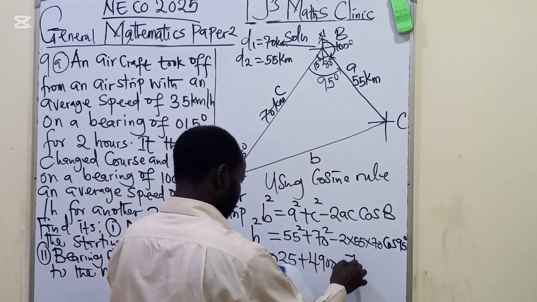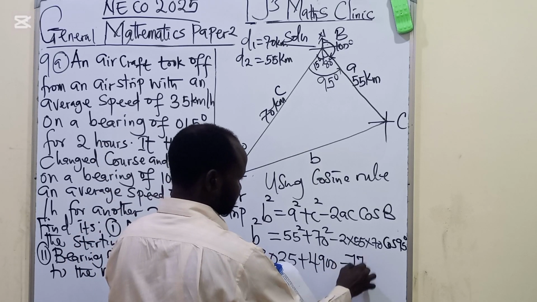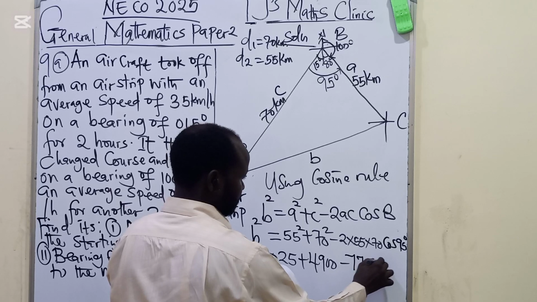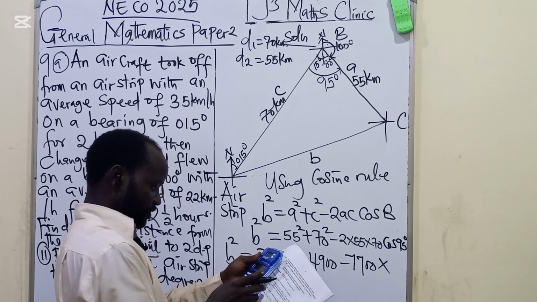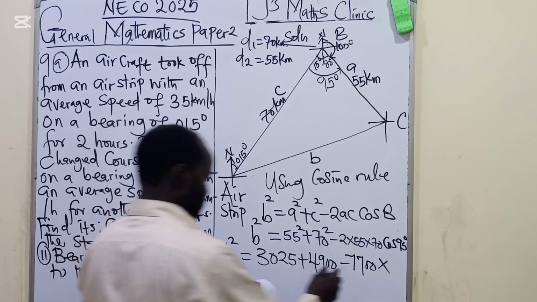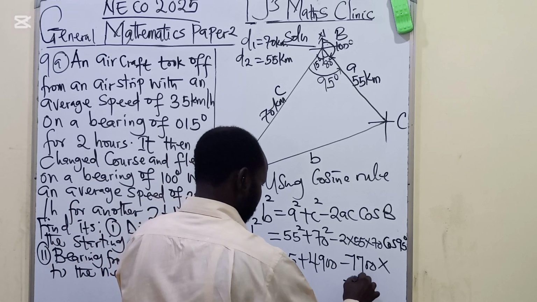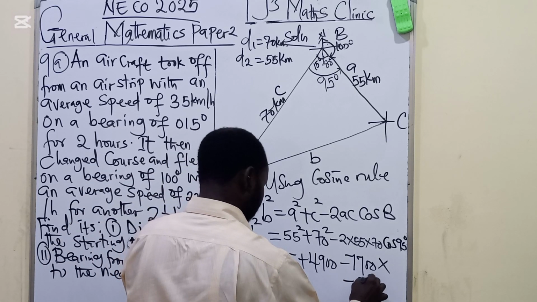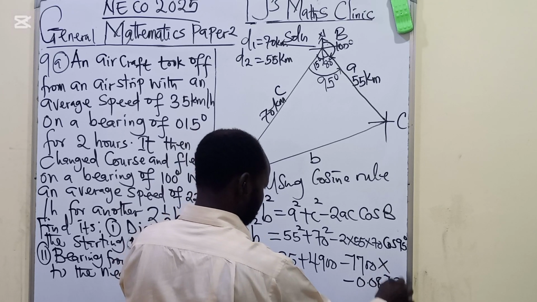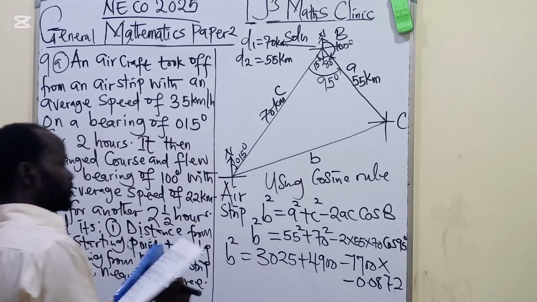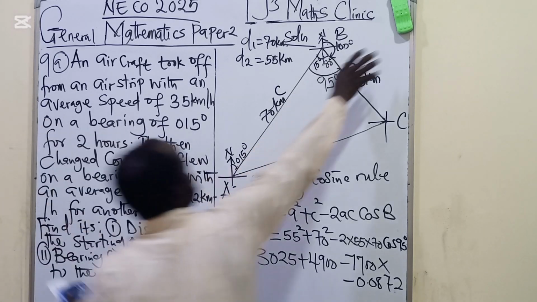We have minus 7700 multiplied by cos 95. Be sure that your calculator is in degree. Of course, it will be negative. That will be negative 0.087172 approximately.